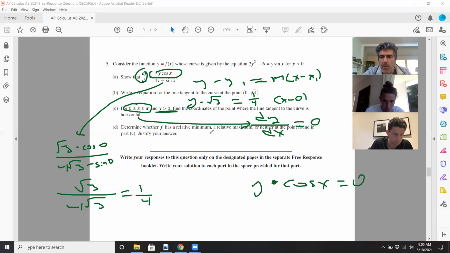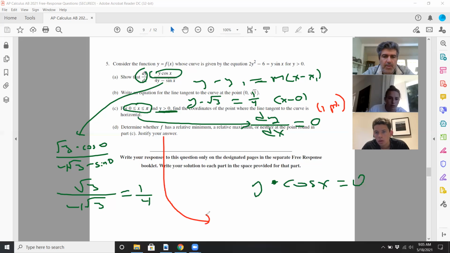My guess is they'll give you a point for establishing that dy over dx equals 0. That's probably worth 1 point, and 1 point for actually getting the answer. The next one I think is going to be probably worth 3 points because it's a little more involved. What you'll need to do is a sign chart for dy over dx.